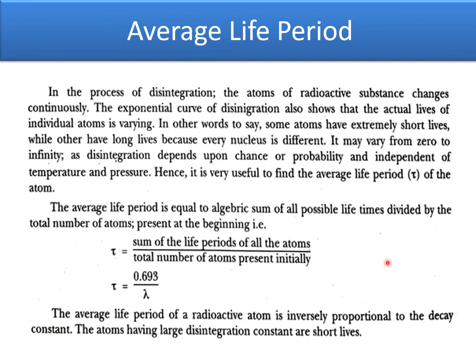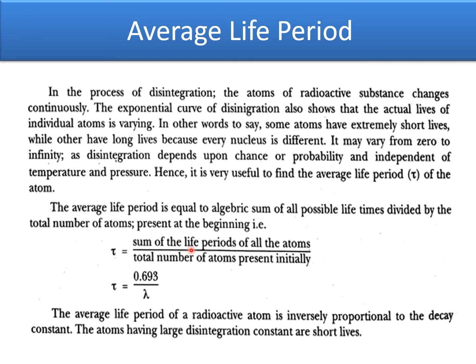Average life period. Generally there are different lifetimes of the materials, so the average life period is equal to the sum of all possible lifetimes divided by the total number of atoms present in the beginning.